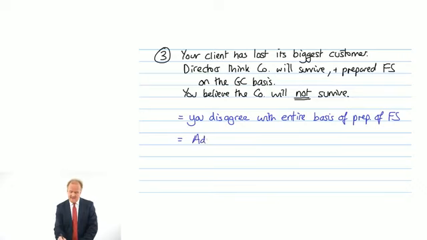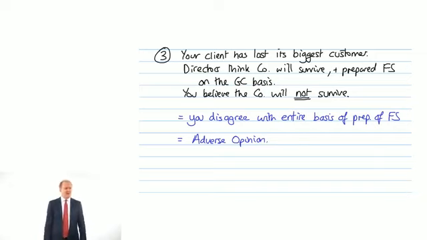And that has to mean an adverse opinion. You don't need to know this in full detail for F8, but if you're not using the going concern basis to prepare accounts, you have got to use something else called the breakup basis, and that will totally change the accounts. So if you disagree with the directors on whether the company is a going concern, then that is going to be adverse.